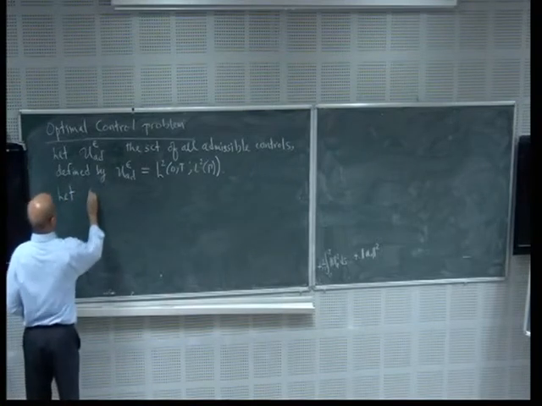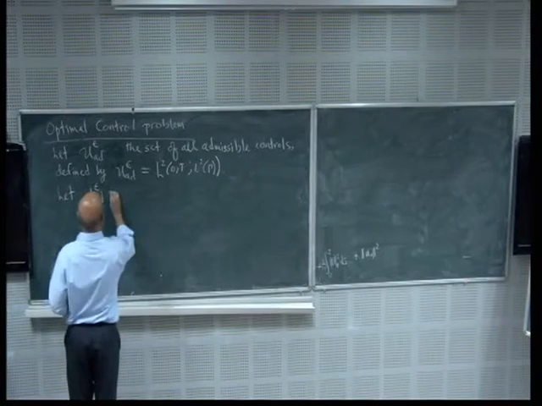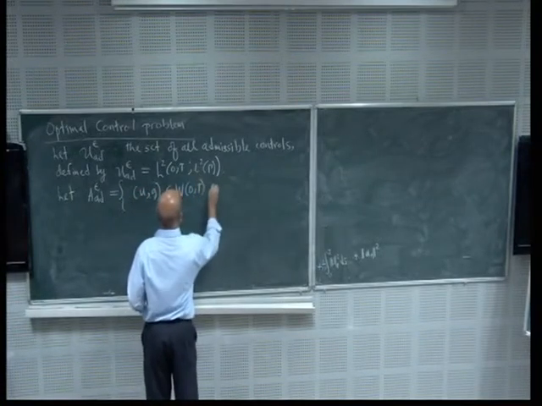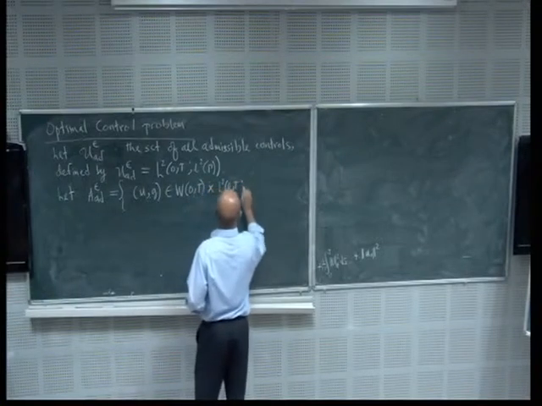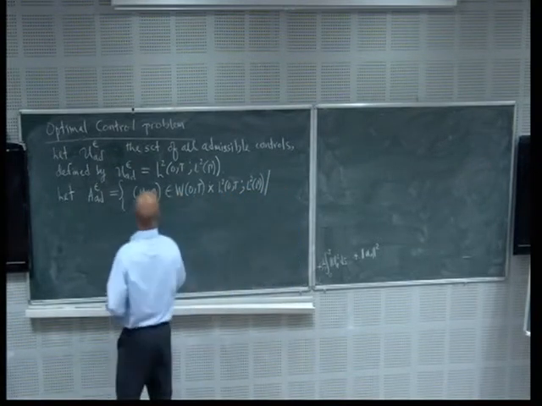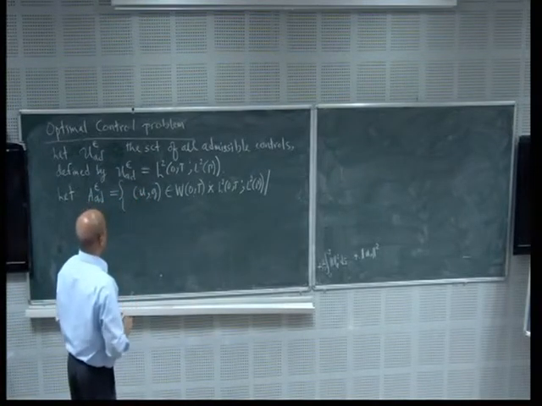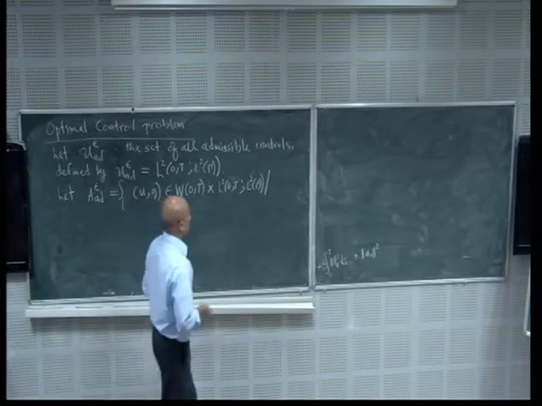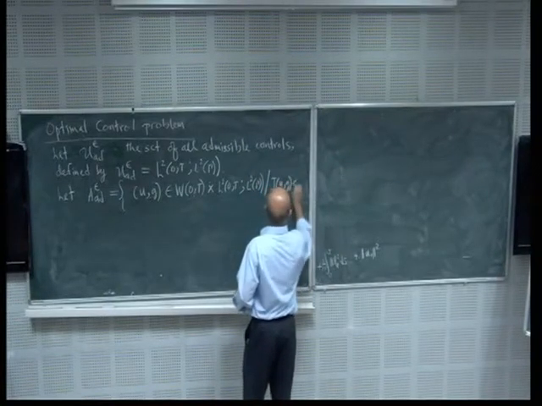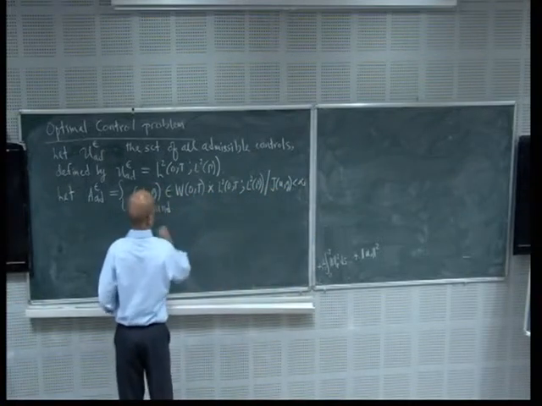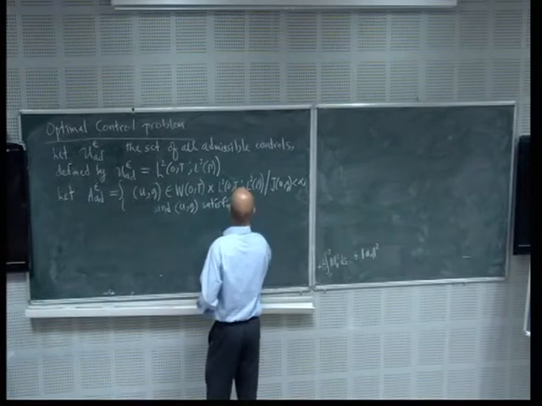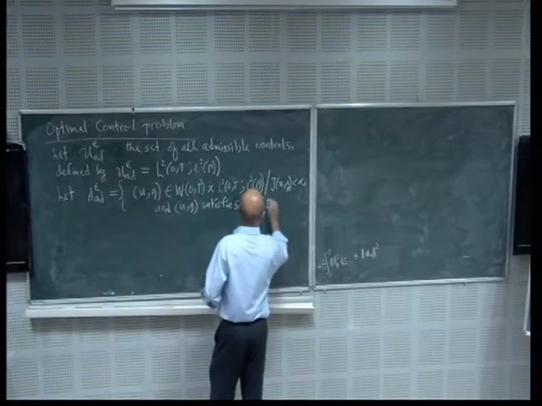So let A epsilon equal the pairs U, G belonging to the solution space cross L0T L2 gamma, such that the cost function J is finite and U, G satisfies the weak form of the Navier-Stokes equation in penalized form.